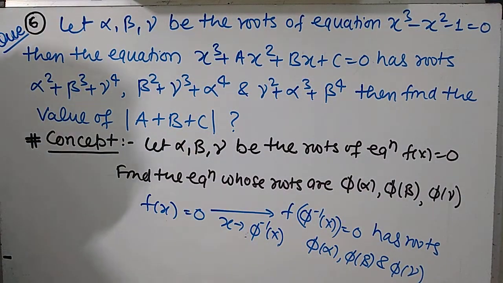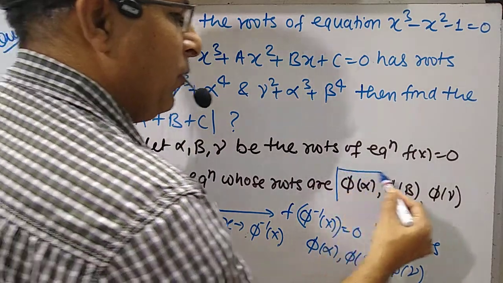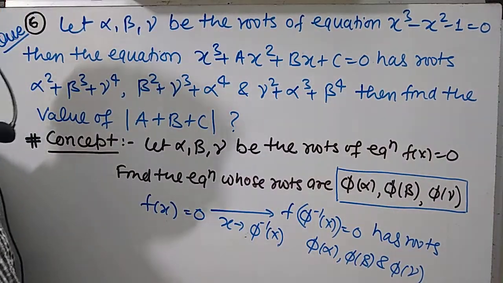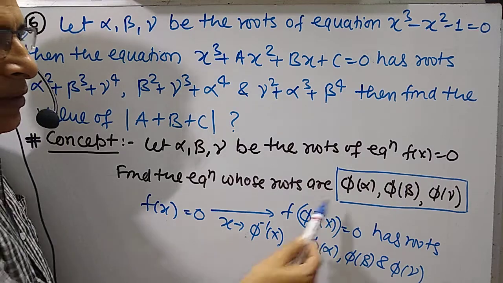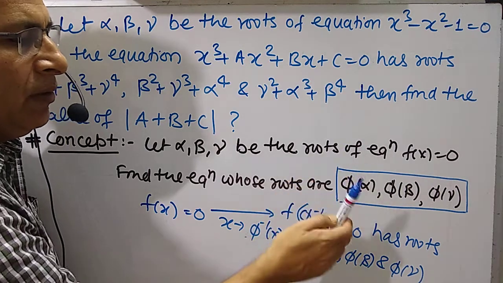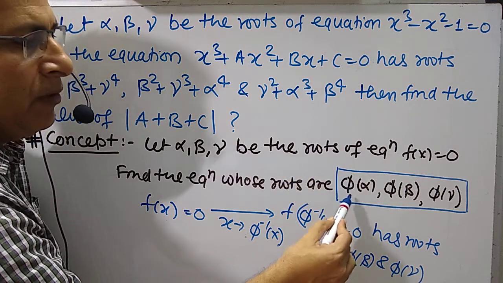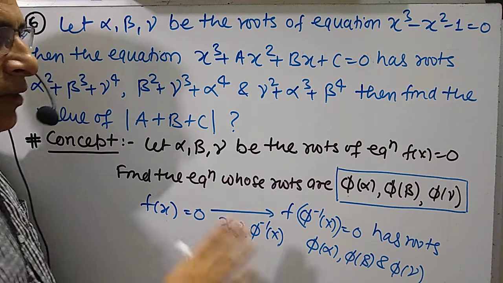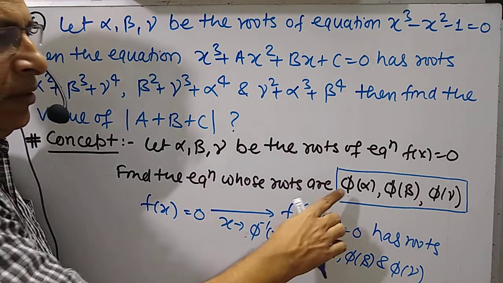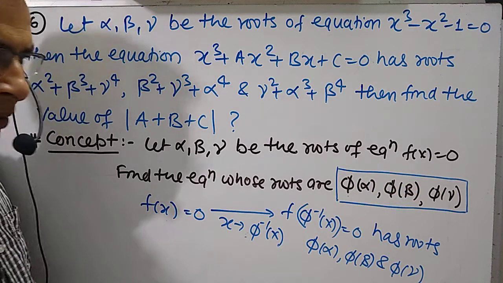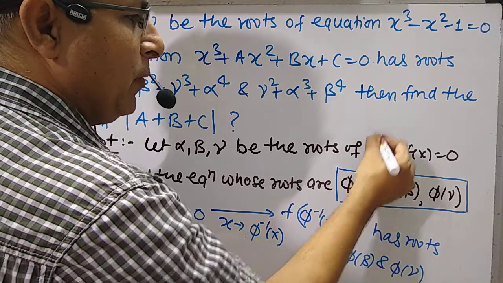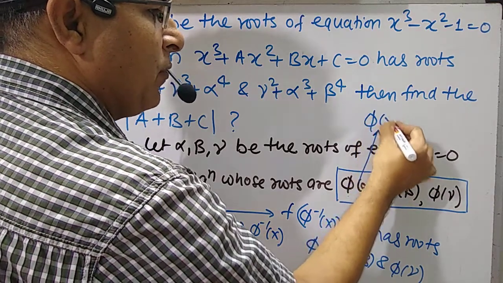But the problem with phi of alpha, phi of beta, and phi of gamma is that sometimes this function is given directly, and sometimes this function is not given in the form of alpha, beta, gamma. So we have to reduce it with the help of transformation in the form of alpha, beta, and gamma. And the second point is, this function phi x must be invertible.